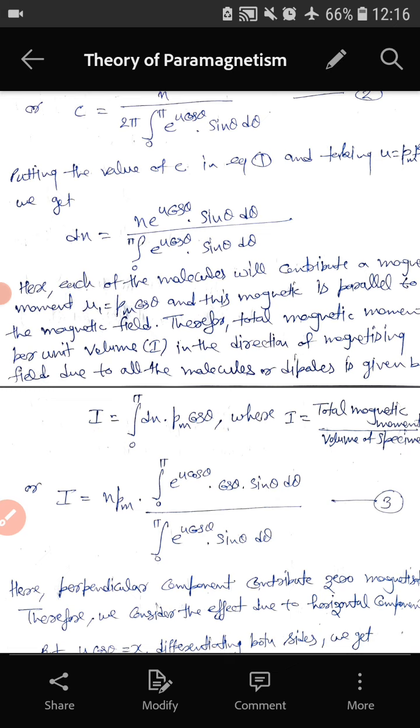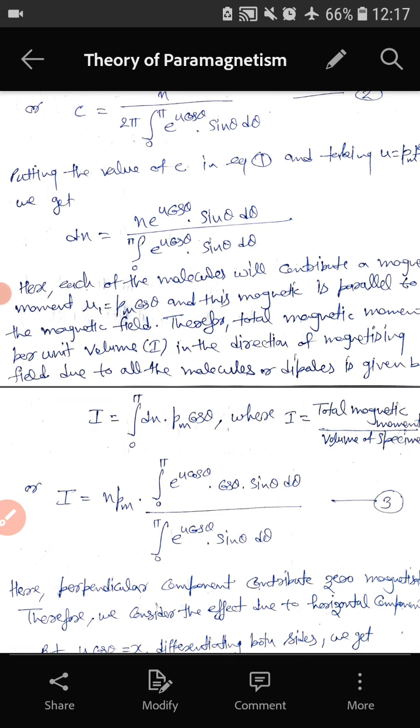This value I will be simplified to I equal to n Pm times the integral from 0 to pi of e^(u cos theta) cos theta sin theta d theta, over the integral from 0 to pi of e^(u cos theta) sin theta d theta.